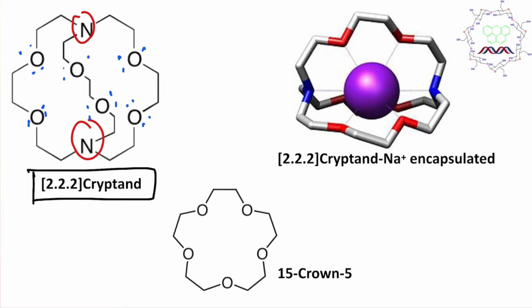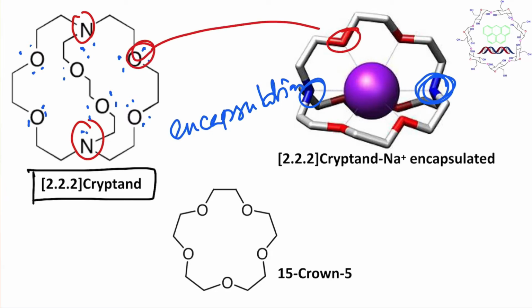Because of this donation, or better to say encapsulation, it consumes the metal ion inside. After coordination you can see these blue are the nitrogens, these 2 blue parts, and red are the oxygens. All are coordinating to the central metal ion with their lone pairs, which means encapsulation, it is covering the metal ion with an electron cloud.